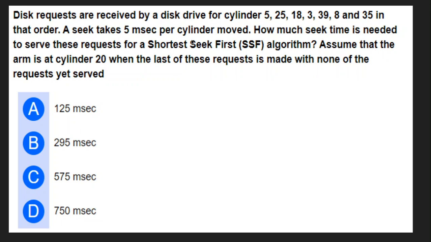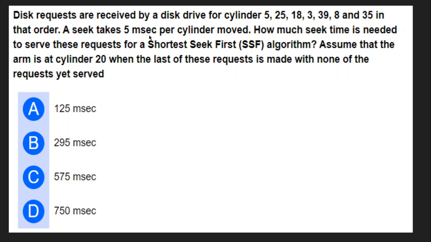As usual, as we have seen in the previous slides, solve the problem with shortest seek time first. After finding the answer, multiply the value you got by the seek time per cylinder, which is 5 milliseconds.